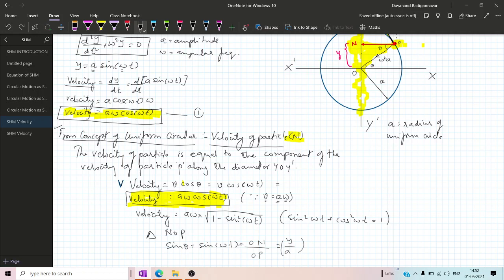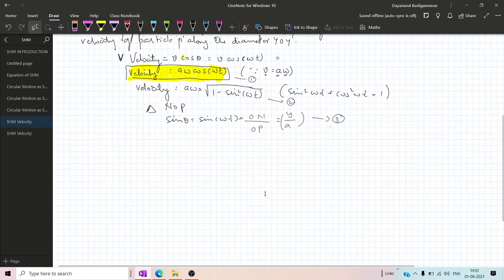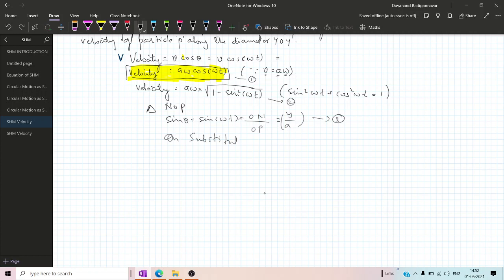This I have taken as equation number 1, this as equation number 2, and this as equation number 3. Now substitute 3 in 2. On substituting, the velocity of the vibrating particle is equal to a omega as it is into root of 1 minus sine square omega t.